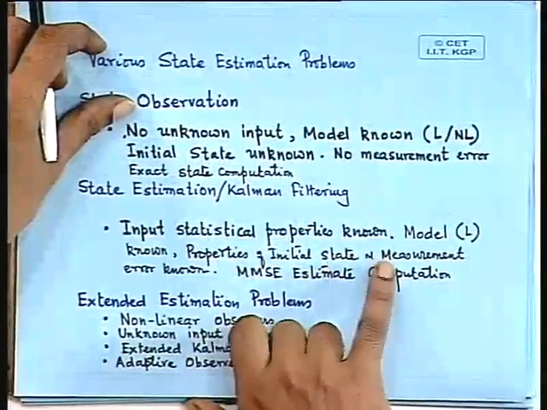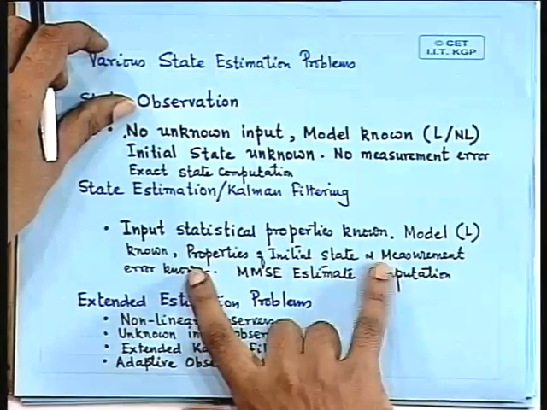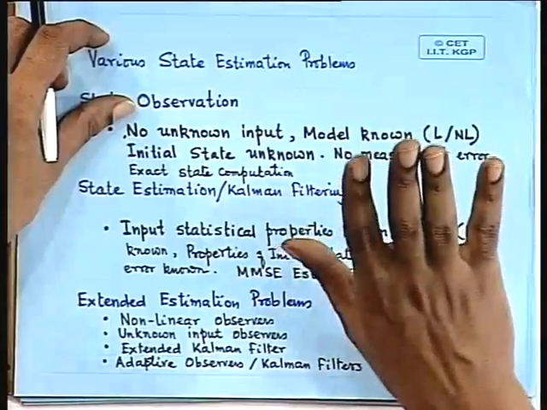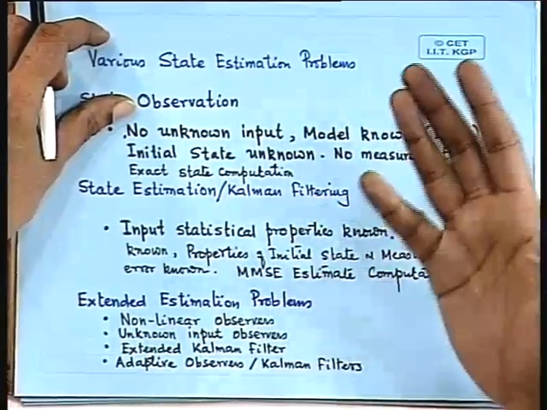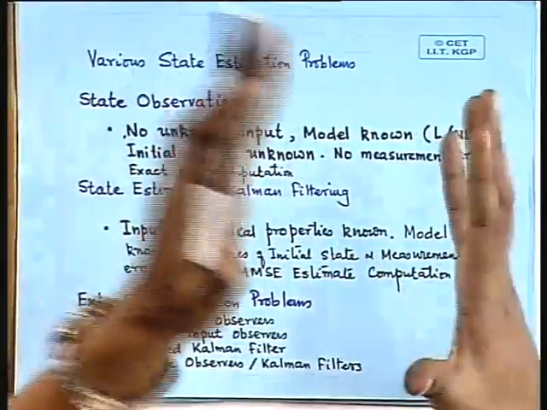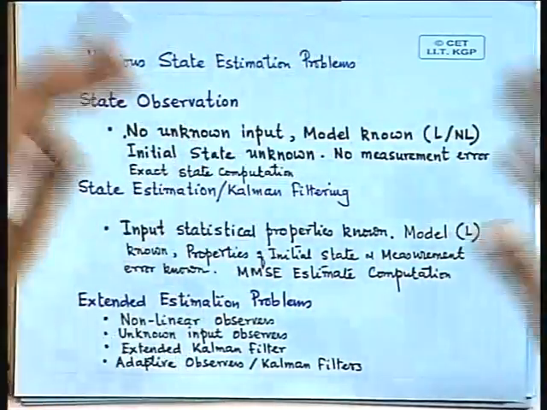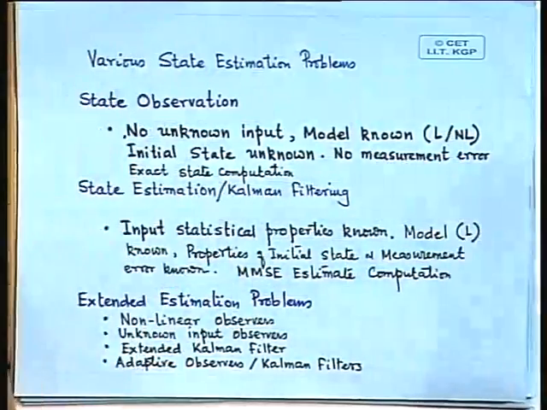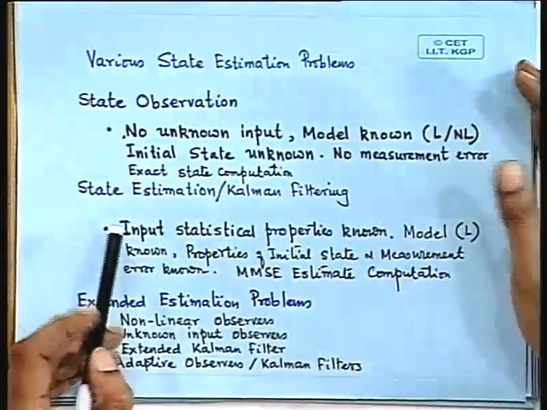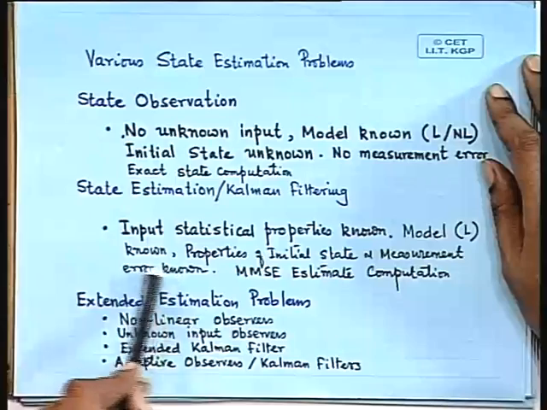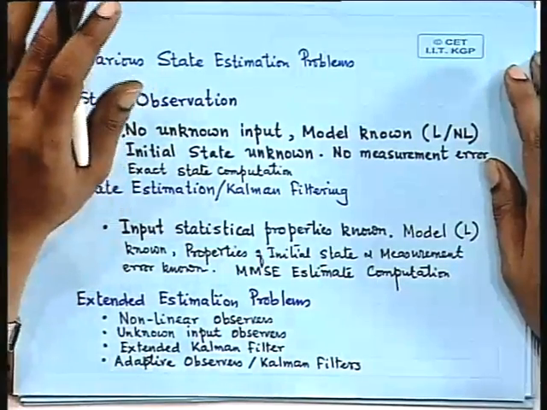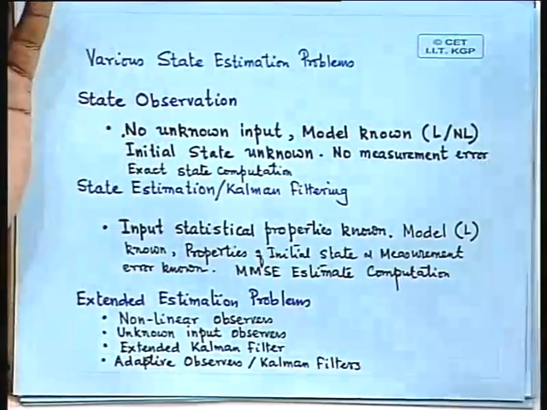Properties of the initial state and measurement error: we now assume that there may be measurement error, but we assume their properties, what could be their variance, how much measurement error. And we also assume some properties of the initial state, that is, by how much our initial state guess can be off. Once we introduce these uncertainties, obviously we can never hope for computing the state exactly, because there is noise.